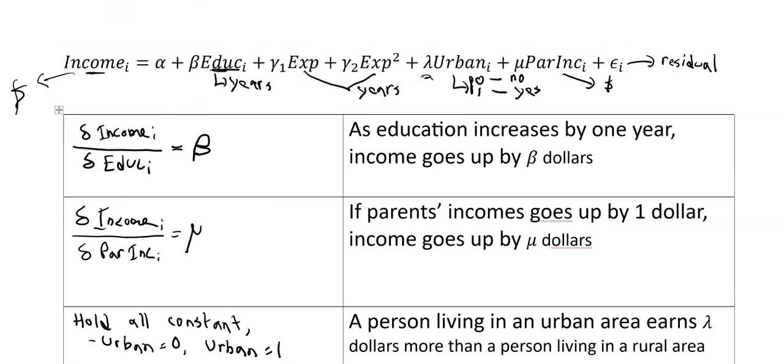Now finally, we have experience, which is what we would see in this case. So we have the squared terms, so experience. We have to see how many times experience appears in this equation, and we have it 1 time here and another time here. So when we take the derivative of income with respect to experience, we have to take into account both experience and experience squared.